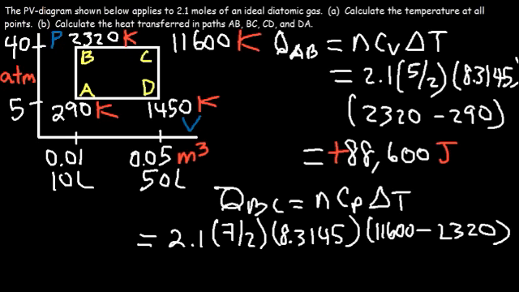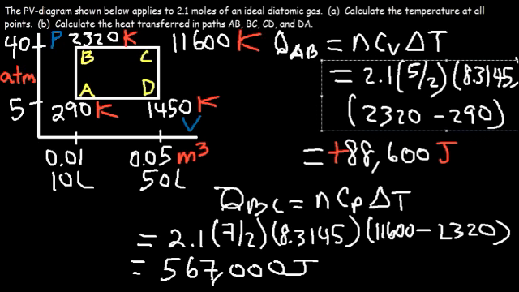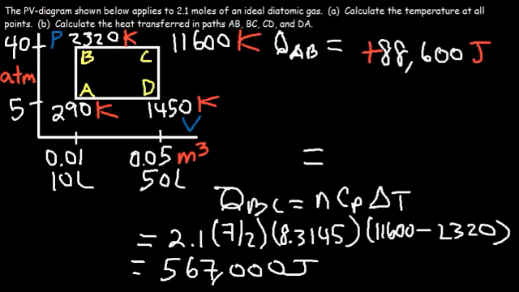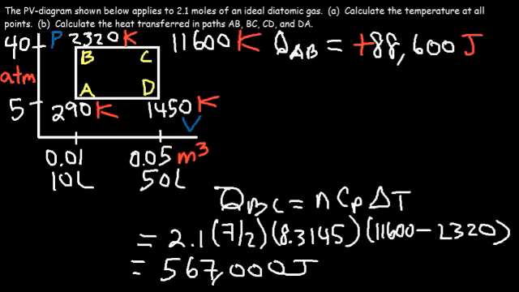So this is going to be about 567,000. So let me take a minute and just clear away a few things. In the meantime, go ahead and calculate the other two Q values.